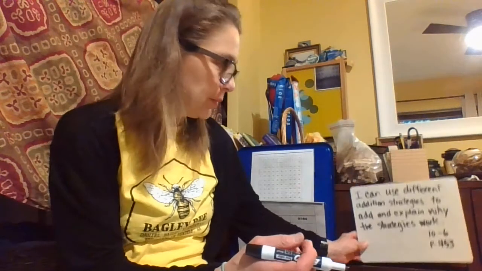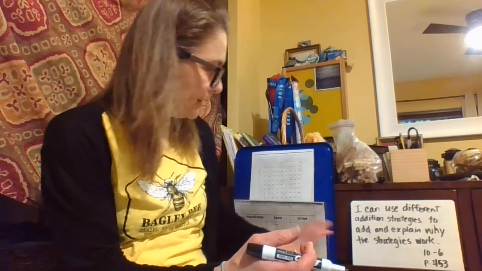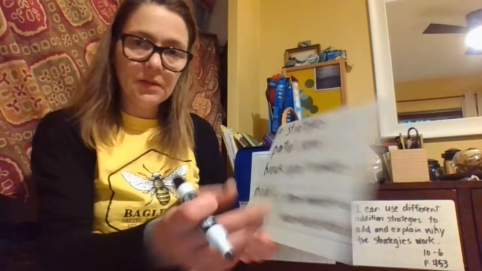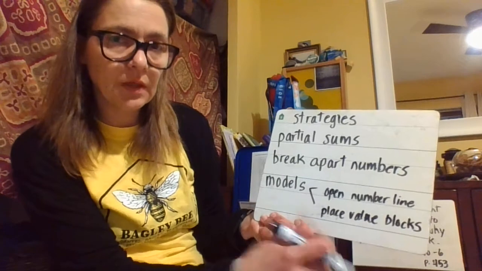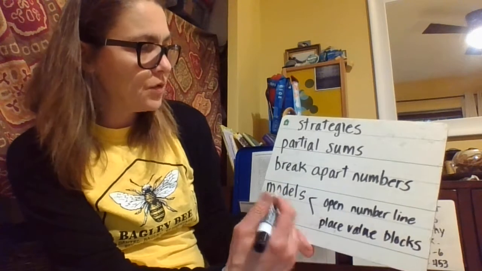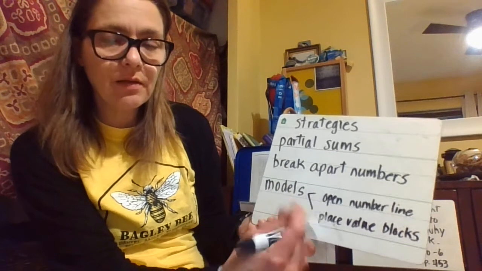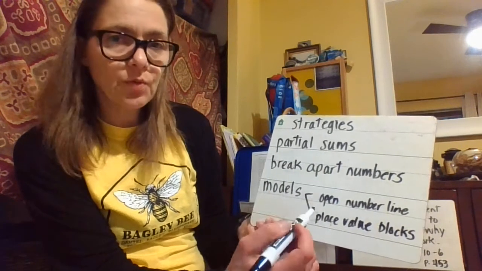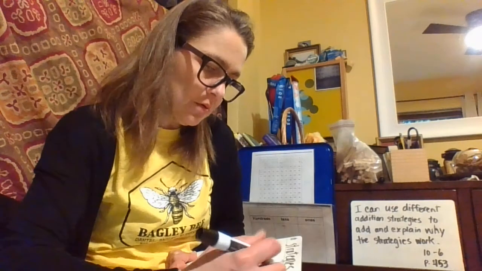So you'll need your whiteboard and your place value mat, and if you want you can use your blocks to model today, or you can draw models with your pen on your board. Okay? And we're going to review some vocabulary that I'll refer to. Strategies. A strategy is a method that works every time. Partial sums is one strategy, where you put the number into its place value.